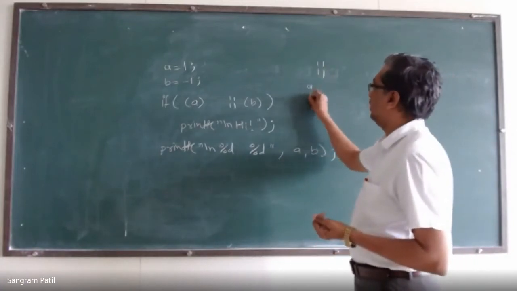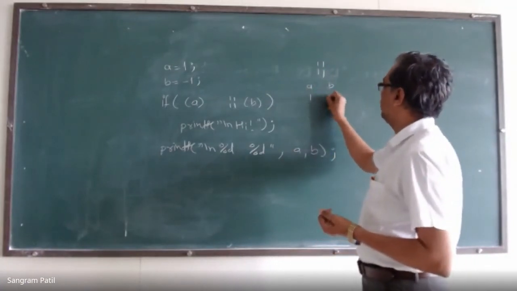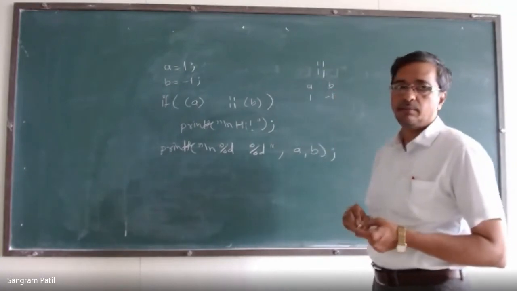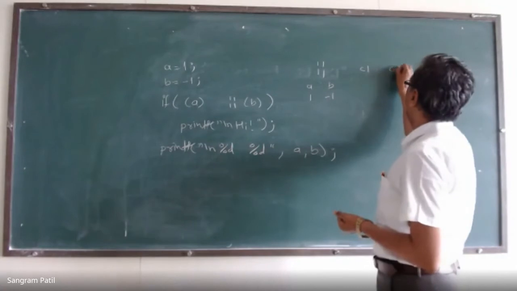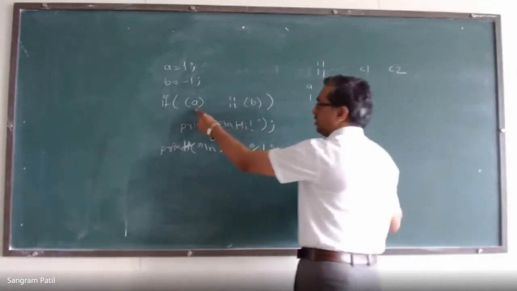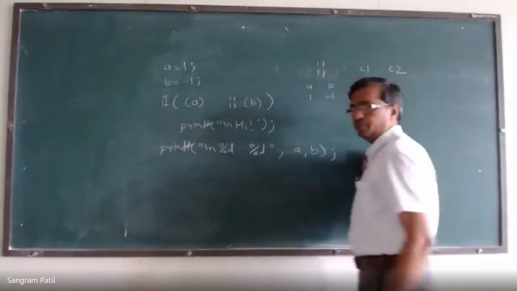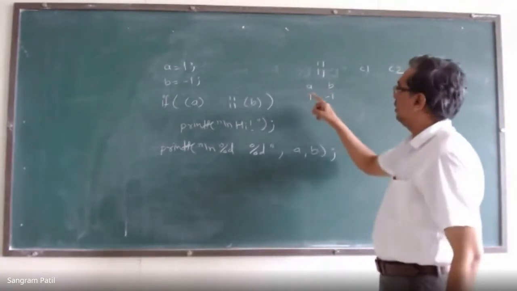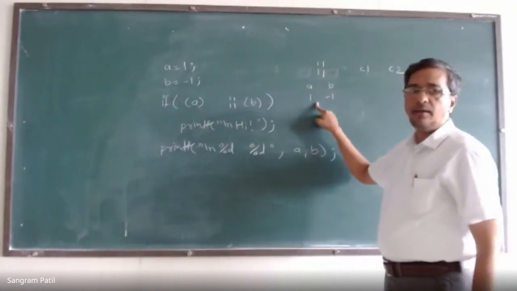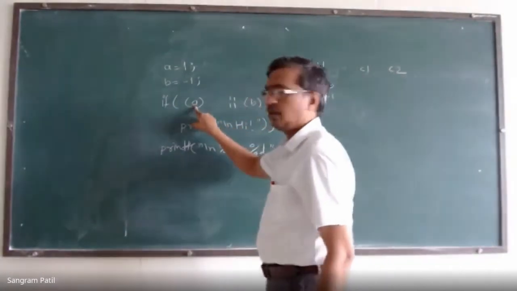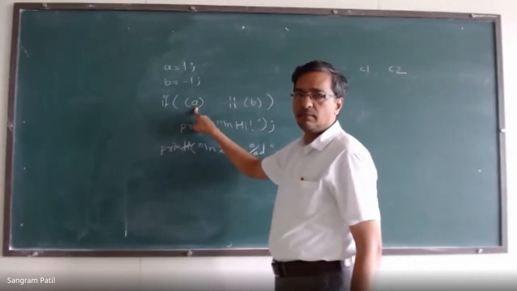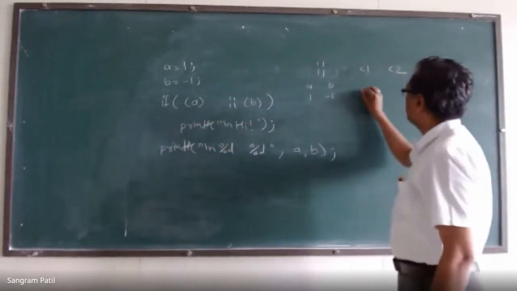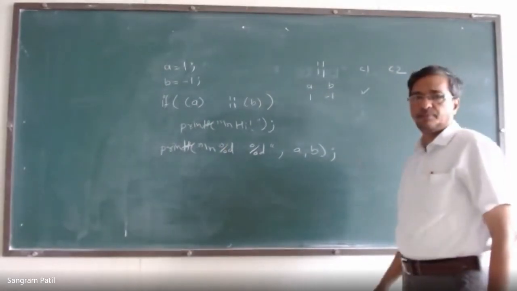Now initially we will solve with double vertical bar. Value of A is 1. Value of B is -1. Okay. We have condition 1, condition 2. This is condition 1 or condition 2. If A, this will check value of A, whether it is 0 or 1. Now this is 1, that means condition 1 is satisfied.